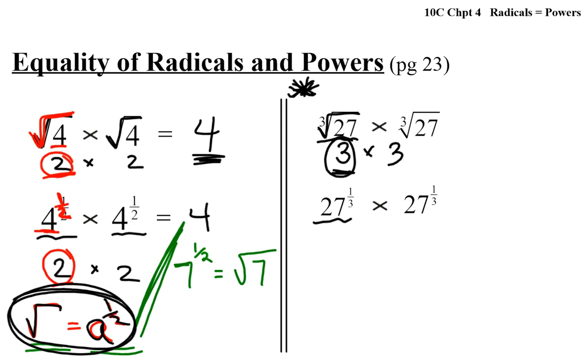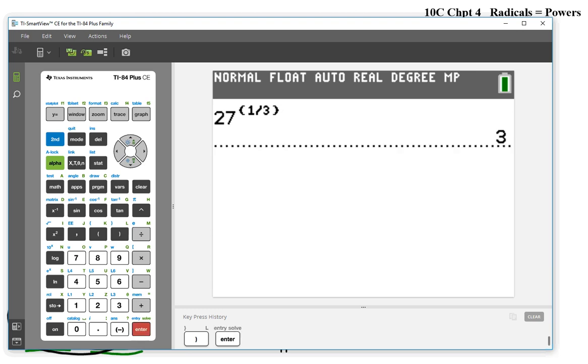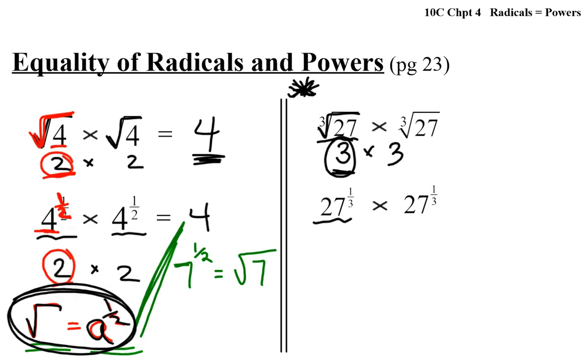Let's check it out on our calculator. So 27 raised to the exponent in brackets, 1 divided by 3 gives us our fractional exponent of 1/3. That equals 3. So 27 exponent 1/3 also equals 3.